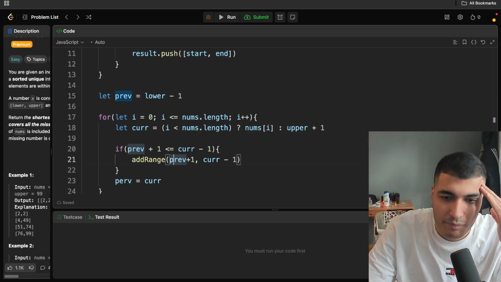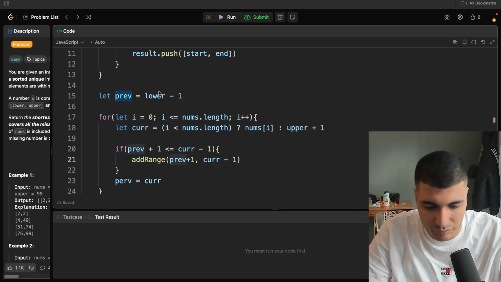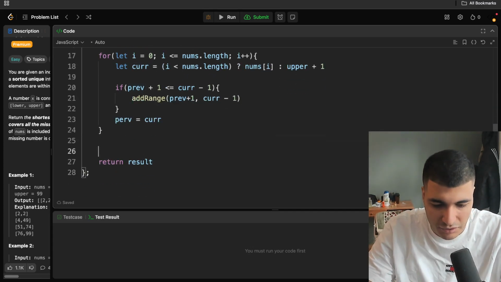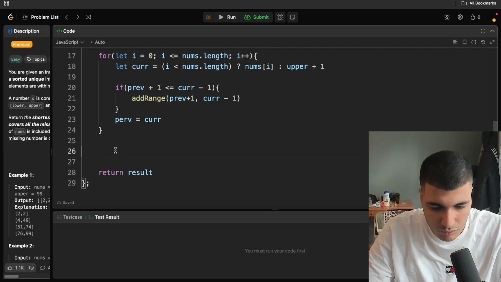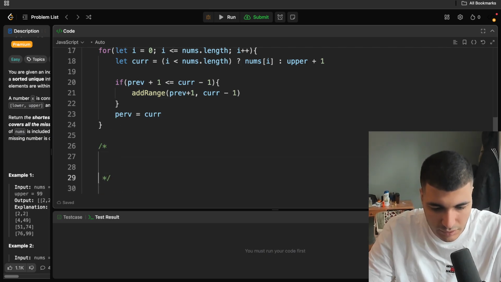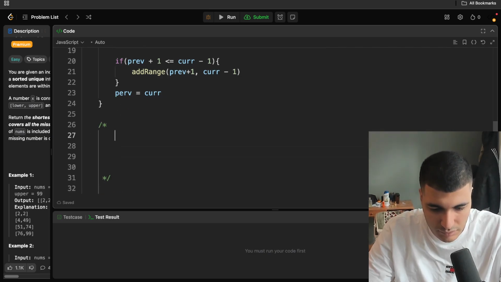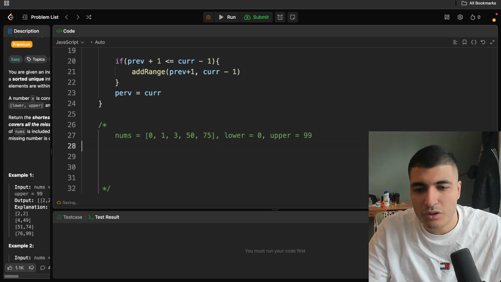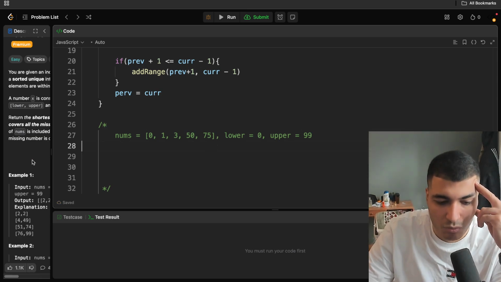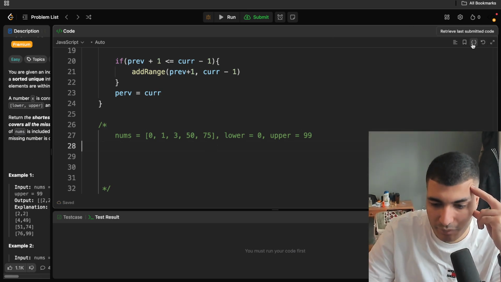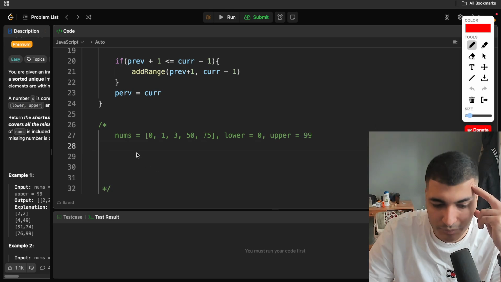So let's make an example to walk through so we can understand it, because I guess it's not that easy to understand. If we want to understand how it works, first we start our first loop.